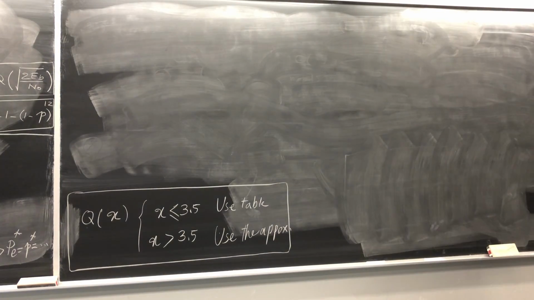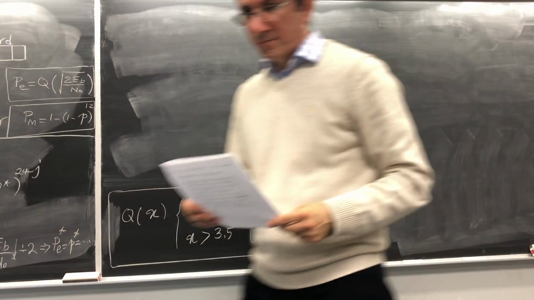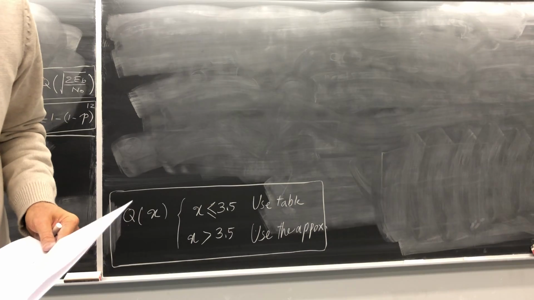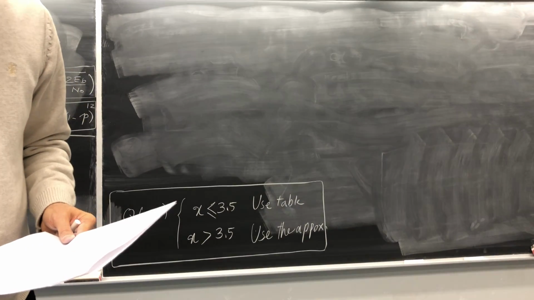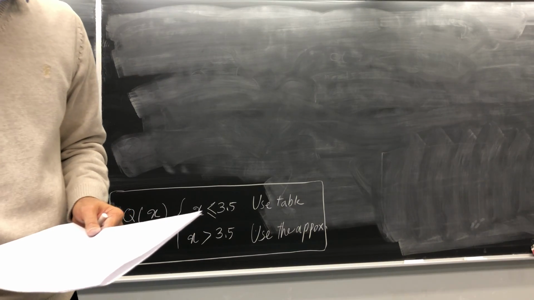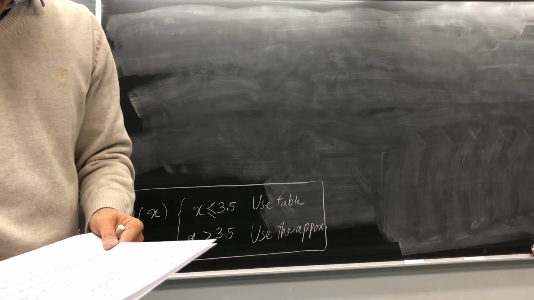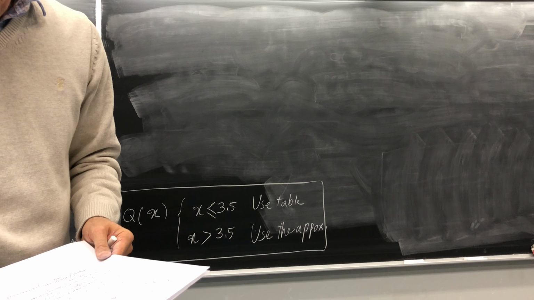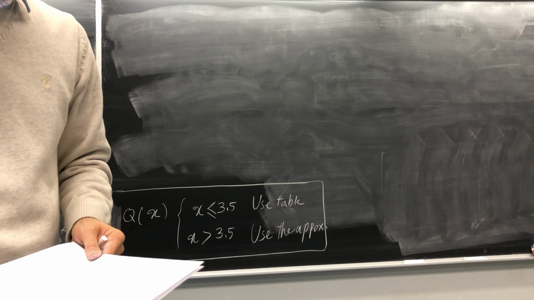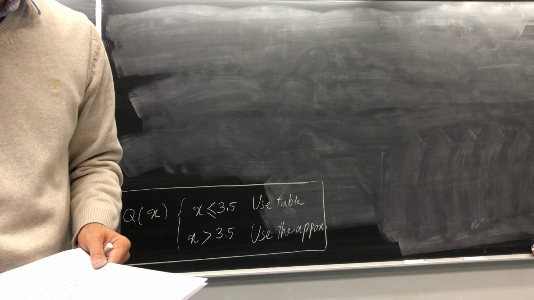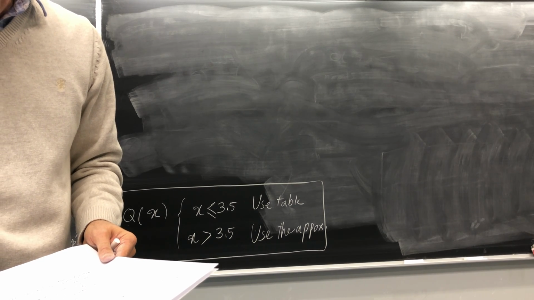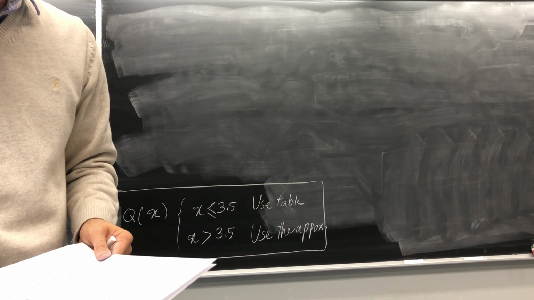4.7. Find the probability of bit error P sub B for the coherent matched filter detection of the equally likely binary FSK signals.